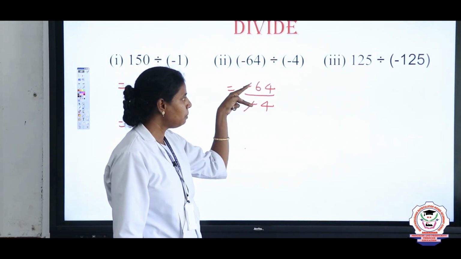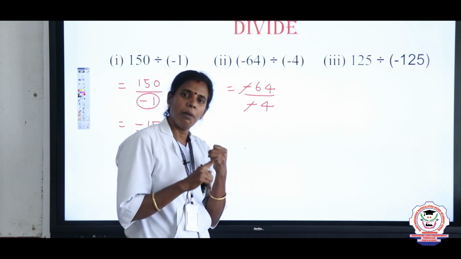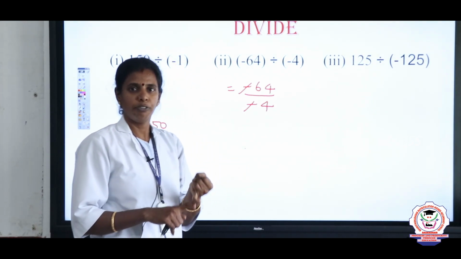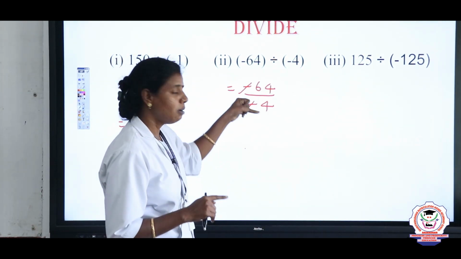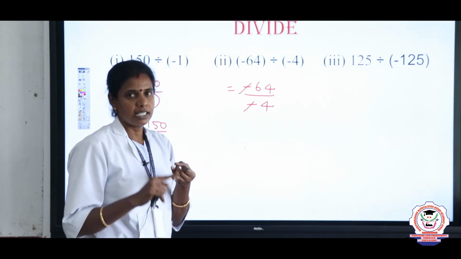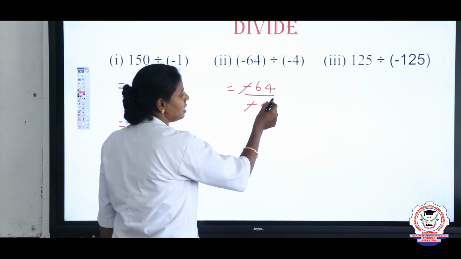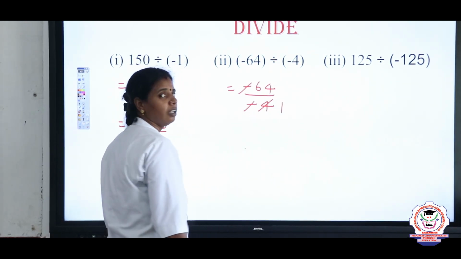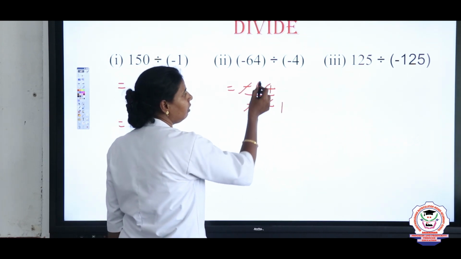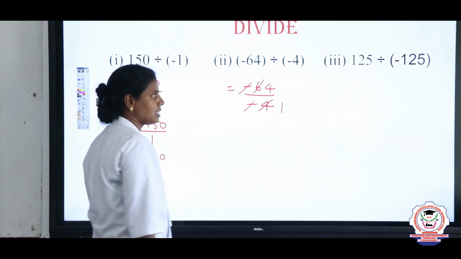and we need to cancel 64 and 4 by a common number. So which is the multiple of these two numbers? In the 2 table you can cancel 64 and 4, or else in which table can we cancel both? Yes, in the 4 table also you can cancel. 4 1 time, 4 ones are 4. Here first we take the first number, 6.